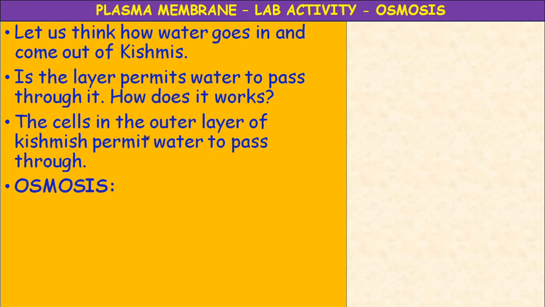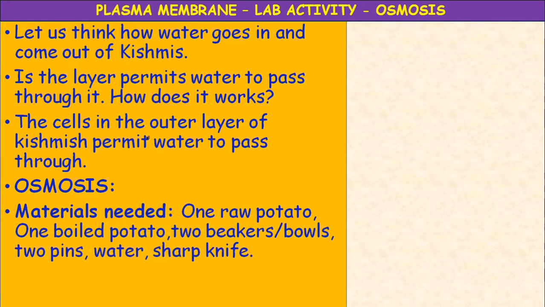That is nothing but osmosis. So in order to do this osmosis experiment, we need the materials: one raw potato, big size, one boiled potato, 2 beakers or bowls, 2 pins, water, and a sharp knife.